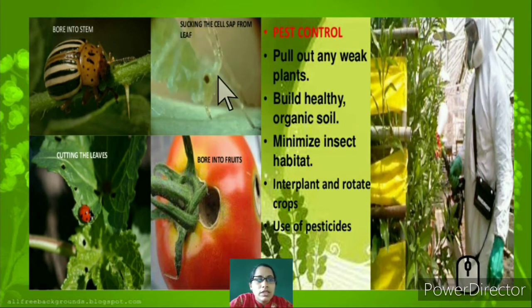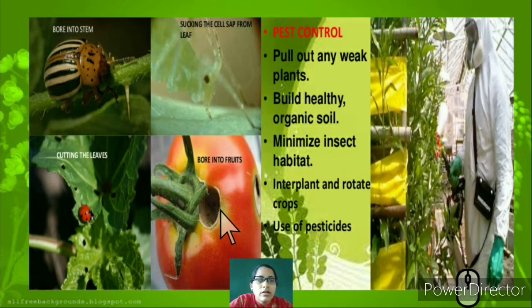Almost all the cell sap fluids will be sucked by these pests. Here you can see the pests are cutting the leaves. Some of the pests bore and get inside the fruit, and hence it is very unhealthy for the plant growth.